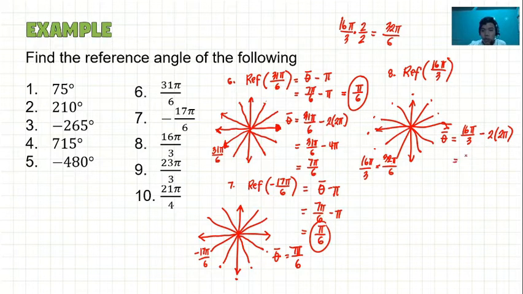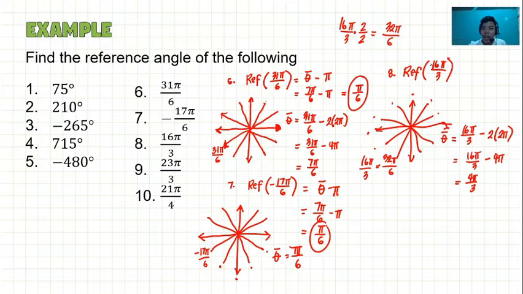This is now equal to 16 pi over 3 minus 4 pi. So this will become 4 times 3, 12 pi, right? So 16 pi minus 12 pi over 3, and that is equal to 4 pi over 3. So the angle coterminal with 16 pi over 3 between 0 and 2 pi is 4 pi over 3.